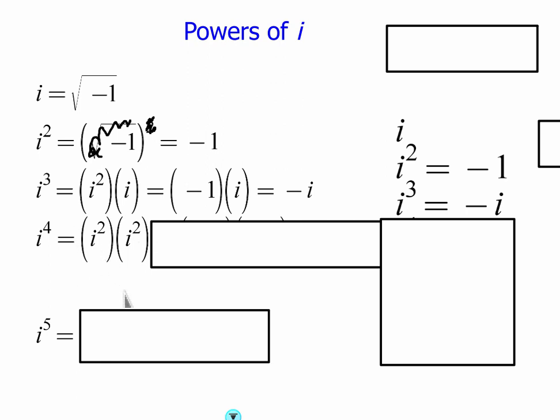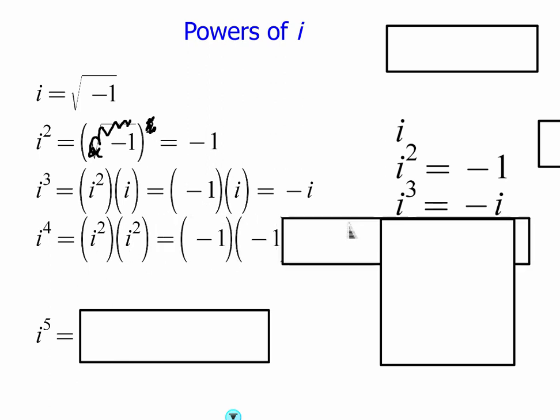If we do exponents, i to the 4th breaks down into i squared times i squared because 2 plus 2 equals 4. So it's i squared times i squared. Well, I know that i squared is -1. So i to the 4th is -1 times -1.